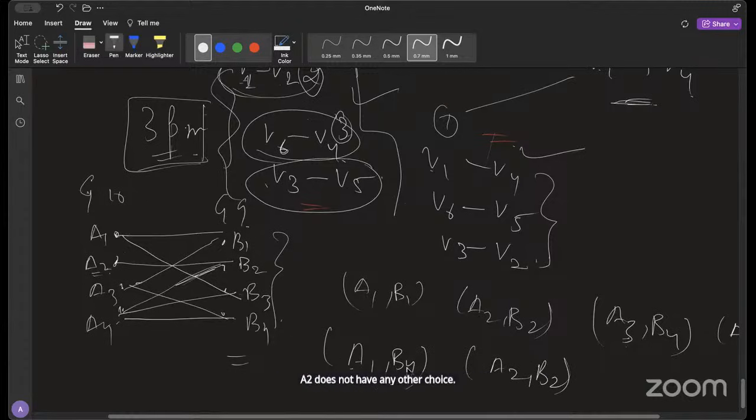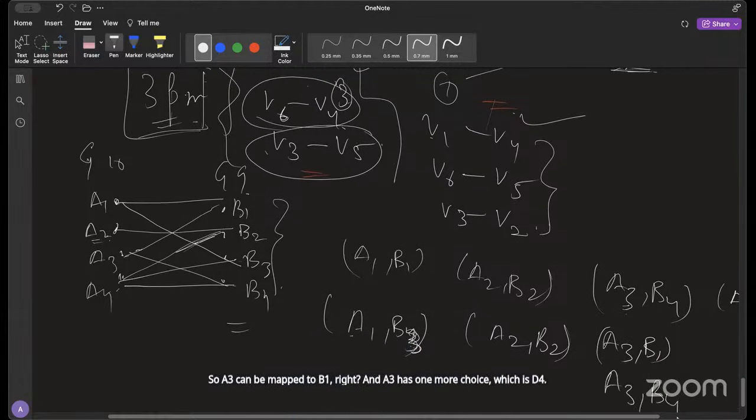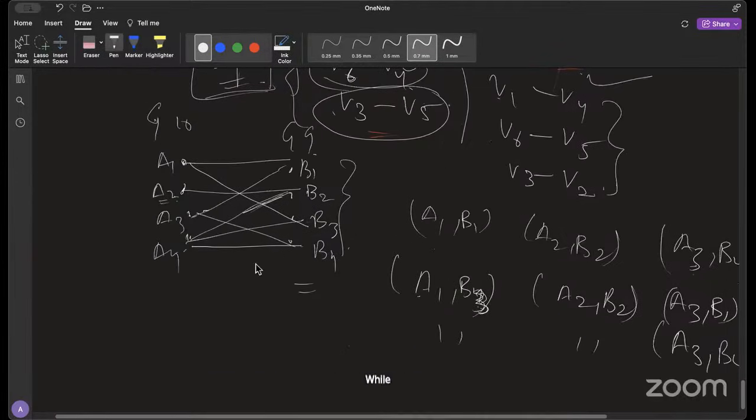This time we have taken A1, B3. So with A1, B3 taken, B1 is available, so A3 can be mapped to B1, right? And A3 has one more choice, which is B4, while keeping these two the same. So A3 has these two choices.